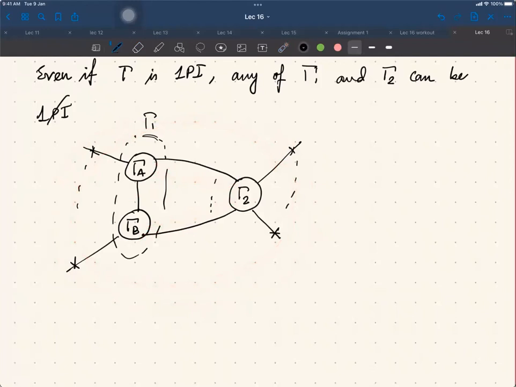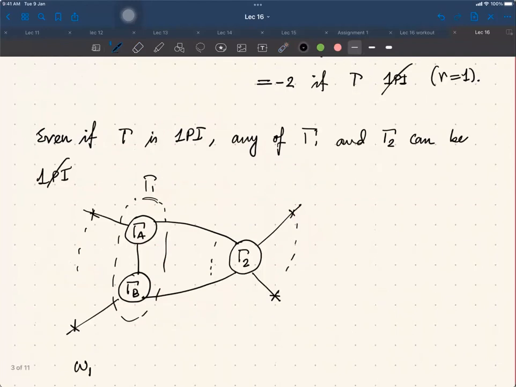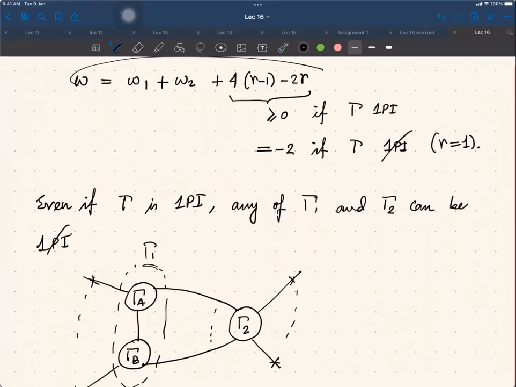So these are the r internal lines. If the r internal lines are distributed over gamma A and gamma B, and gamma A and gamma B are connected by a single line, then gamma can be 1 pi and gamma 1 is non 1 pi. If that is the situation, then for omega 1 we apply the same formula which we applied to gamma.